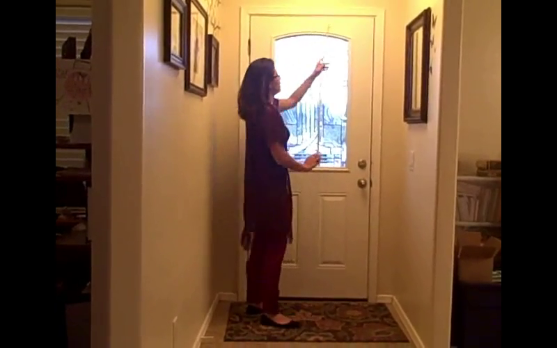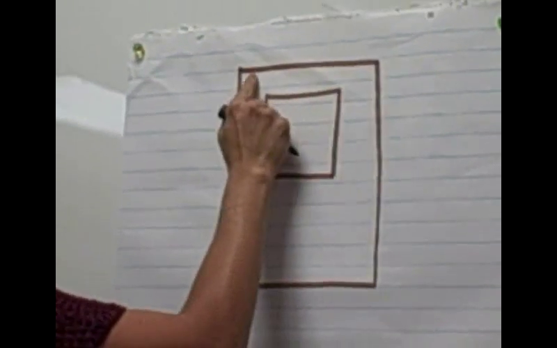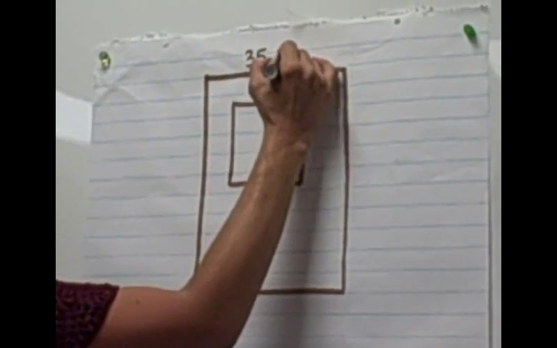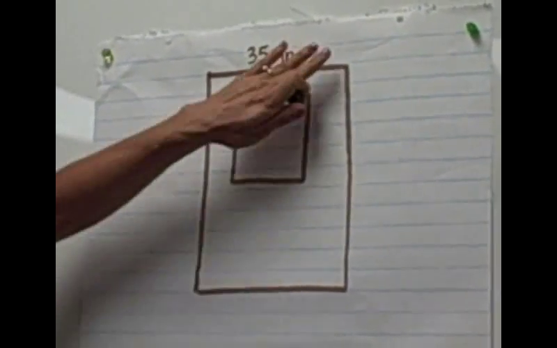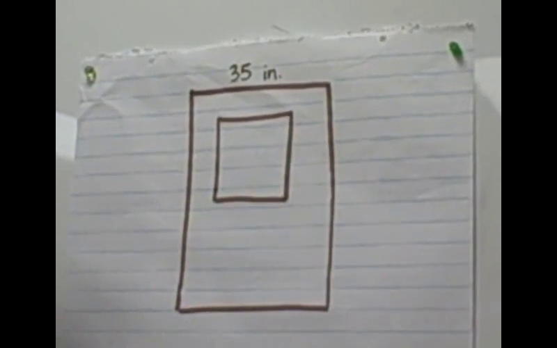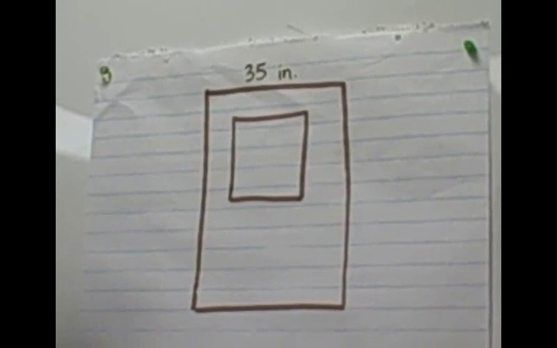Okay? So now that you saw me measure the door, let's come back to your picture. If you were writing down your numbers as I was giving them to you, we should have put the length of the door as 35 inches. The width of the door was 36, and then another 43.